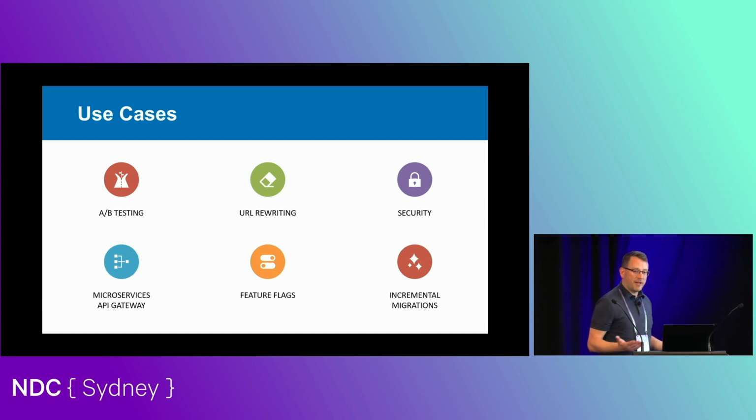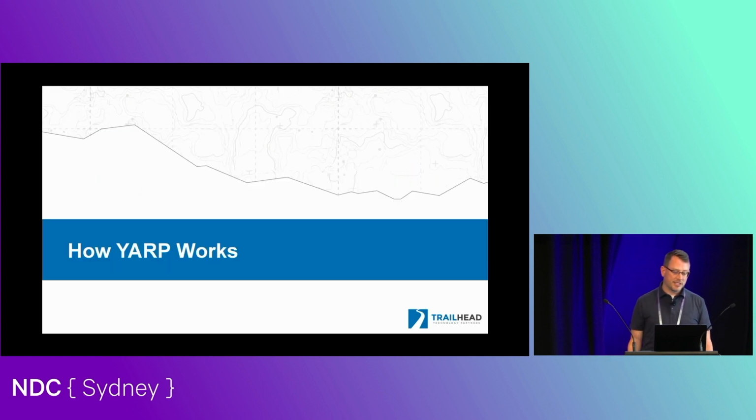Another one that I find really useful is feature flags. If you want to turn on a feature, and if things go well, you leave it on, and if things don't go well, you can turn it back off. That's something that you could do with a reverse proxy very easily as well. And then the last one I've got on this side here is the one that we're mostly focused on today, which is doing incremental migrations.